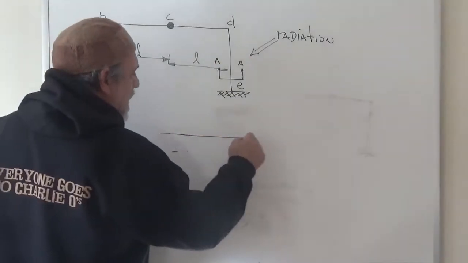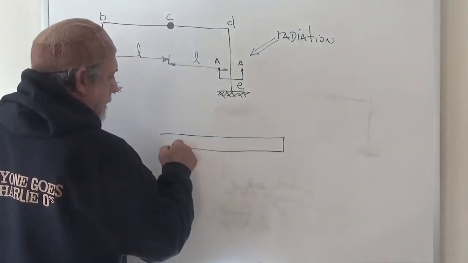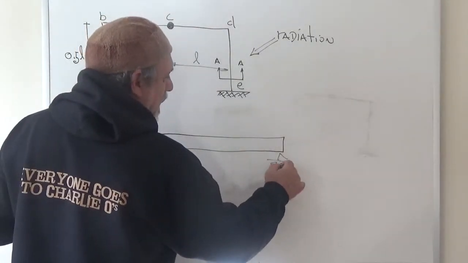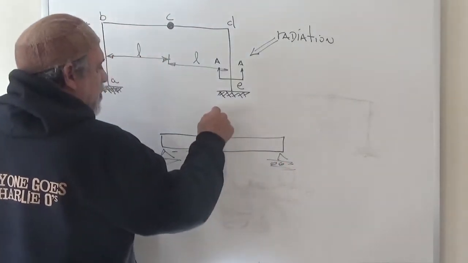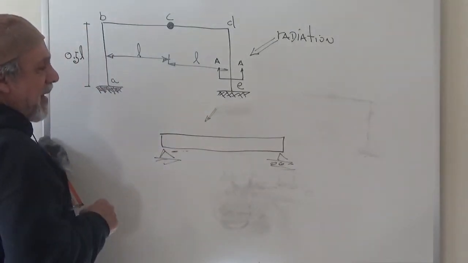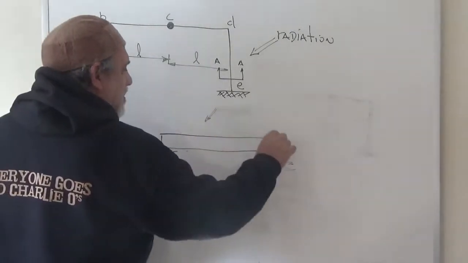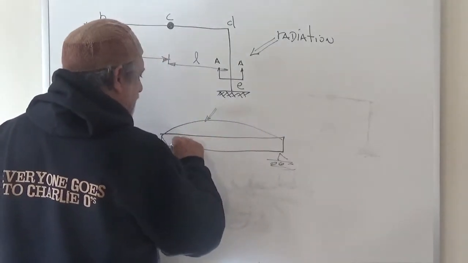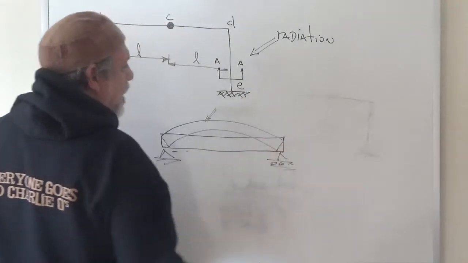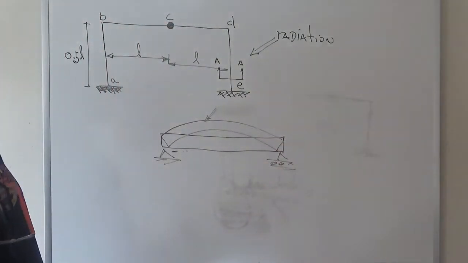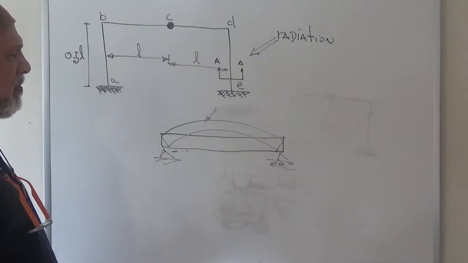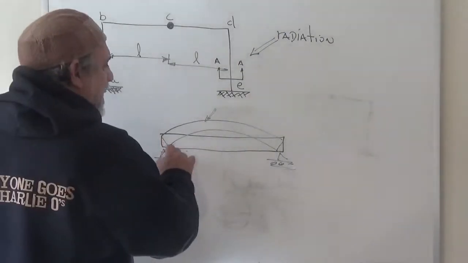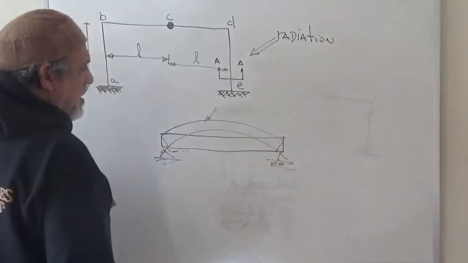If we have a beam, simply supported, that received radiation from the sun on the top and got heated up, then the top fibers would get longer and the beam would tend to do this. We could calculate how much that is from our formulas, that integral of m1 phi p, when the phi p would be the curvature due to the temperature. But the beam would deform like that, but it would be free of stresses.